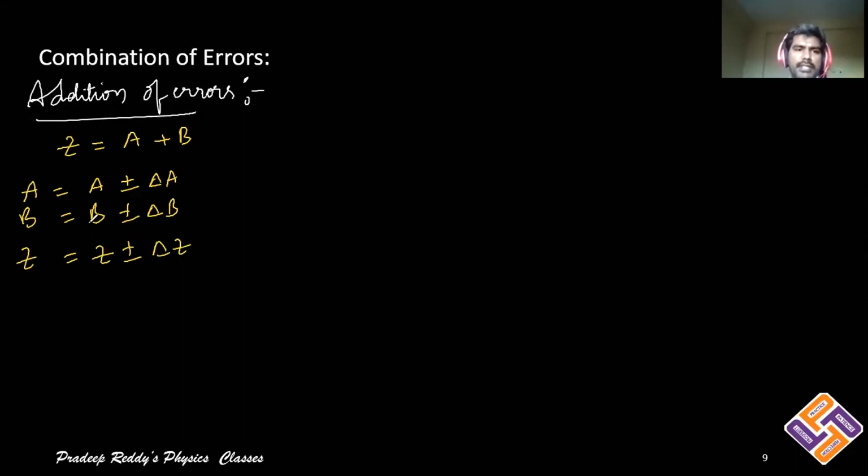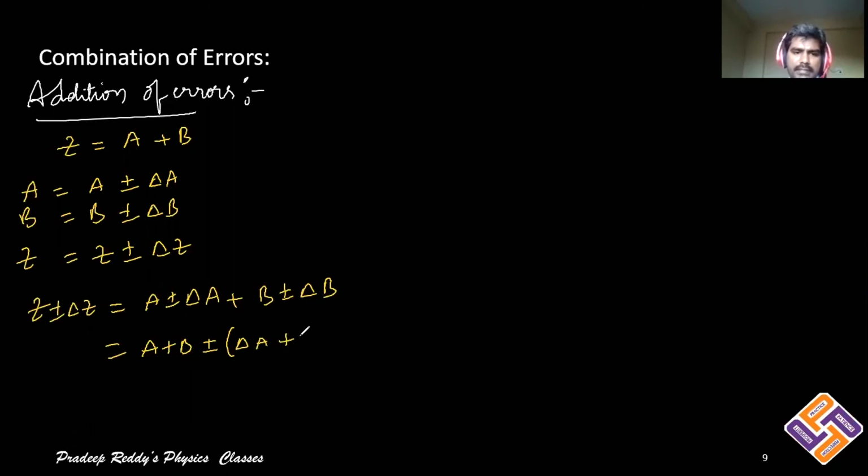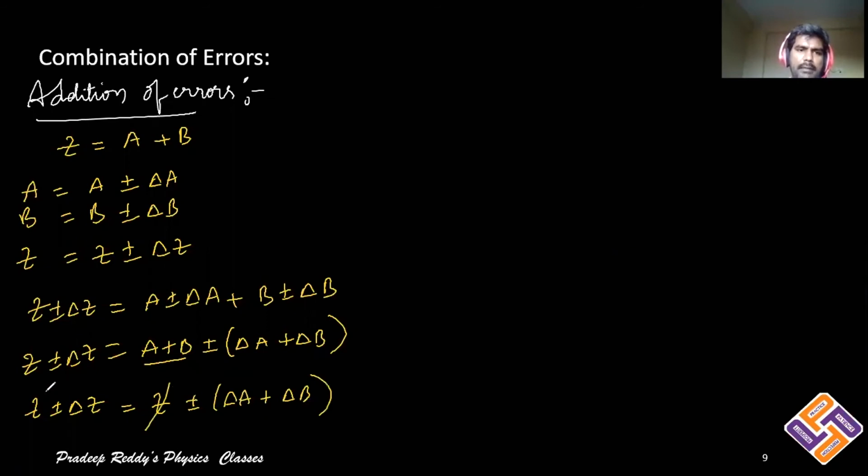Now substitute all these values here. Z plus or minus delta Z is equal to A plus or minus delta A plus B plus or minus delta B. This is A plus B. I can take plus or minus common, you can simply write delta A plus delta B. This is Z plus or minus delta Z. But what is A plus B? A plus B is Z. So Z plus or minus delta Z is equal to Z plus or minus delta A plus delta B. Z and Z can be cancelled.